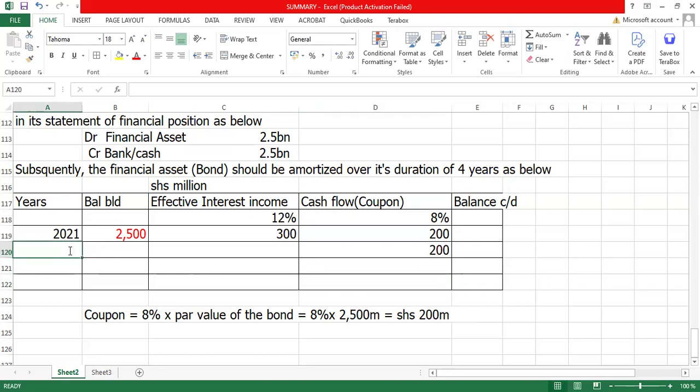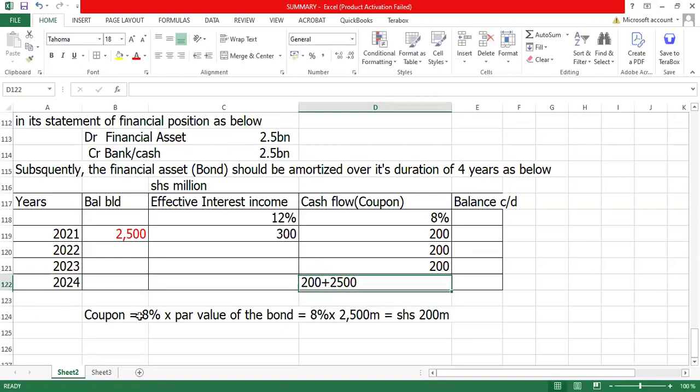If this is 2022, 2023, then 2024, because you purchased a 4-year bond. So here it will also be 200, but at the end, if you are doing the financials for 2024, you get your 200, then you add the redemption value, which is 2,500.